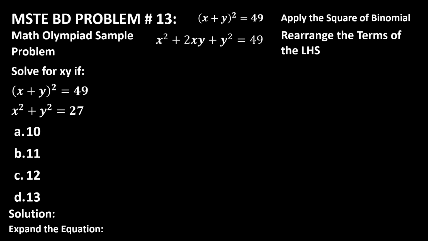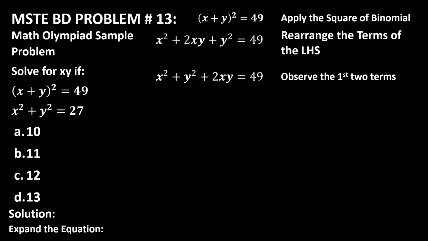And then afterward, the next thing that we're going to do now is to rearrange the terms of the left-hand side of our equation. After the rearranging process, we have our resulting equation as x squared plus y squared plus 2xy equals 49.